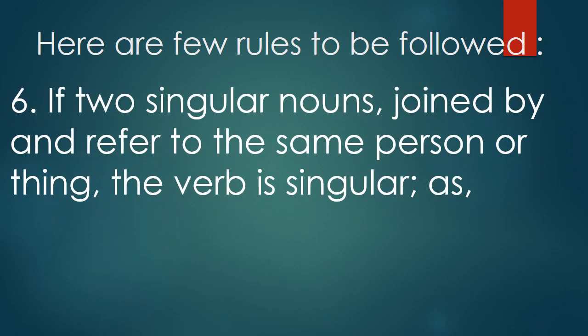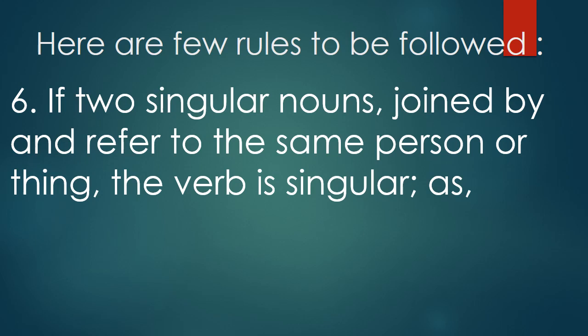If two singular nouns joined by and refer to the same person or thing, the verb is singular. Now, how do we come to know that the two singular nouns joined by and refer to the same person? If the same article is used for both the nouns, it means that is one person.